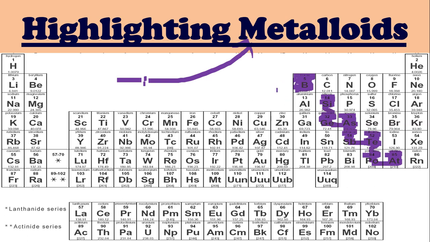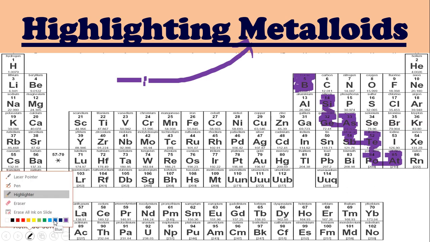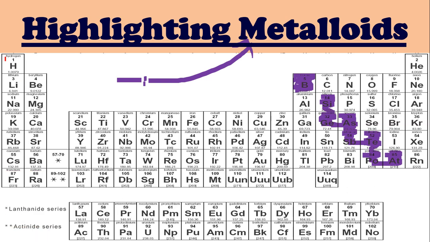Now, everything to the left of it are metals, except for hydrogen. Hydrogen's weird. Hydrogen is the only non-metal on the metal side. Everything to the left is metal. Everything to the right is non-metals. So let me get colors so you can see. All right.